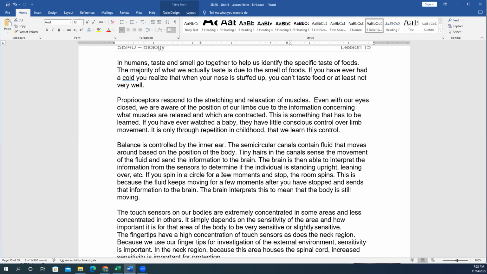For example, babies don't have very much conscious control over their limb movement. So it's only through repetition as they learn these movements that they learn how to control their limbs and gain control over their limbs.